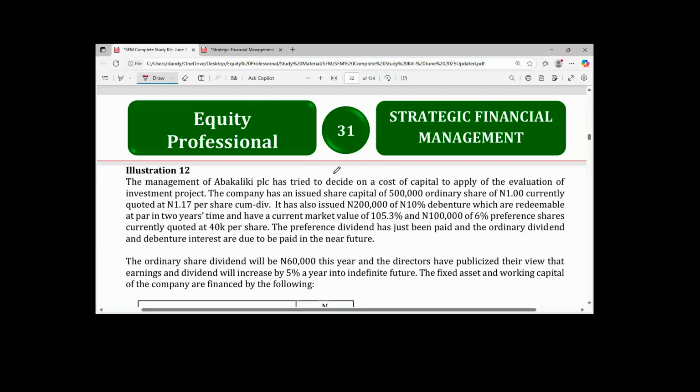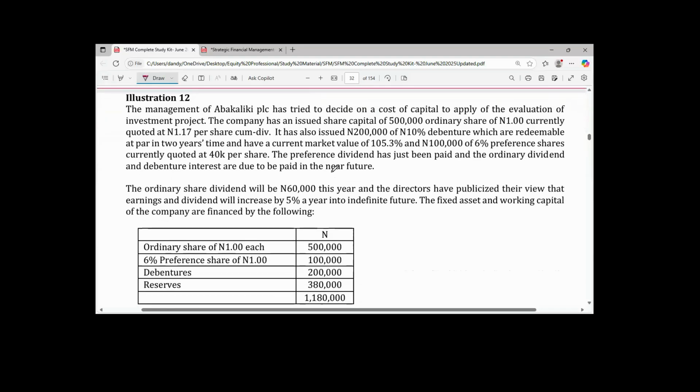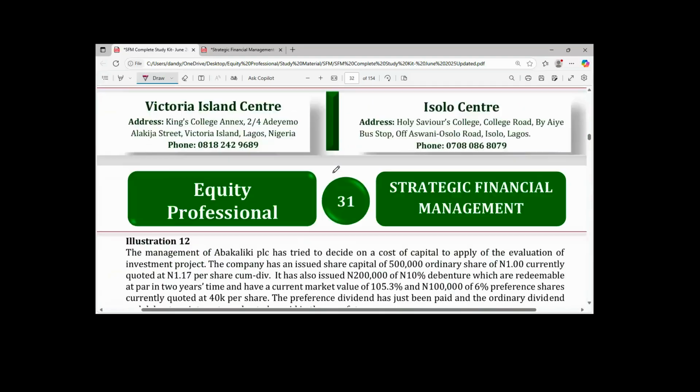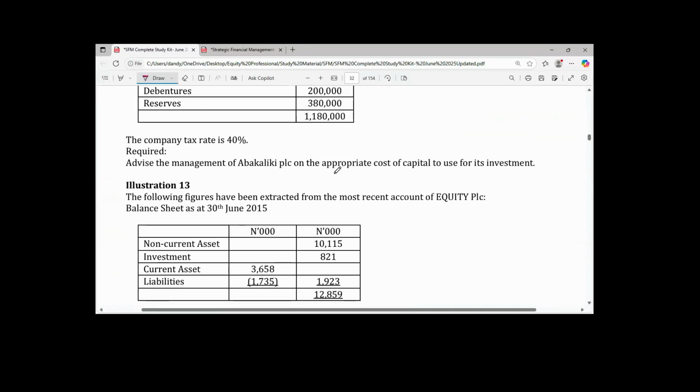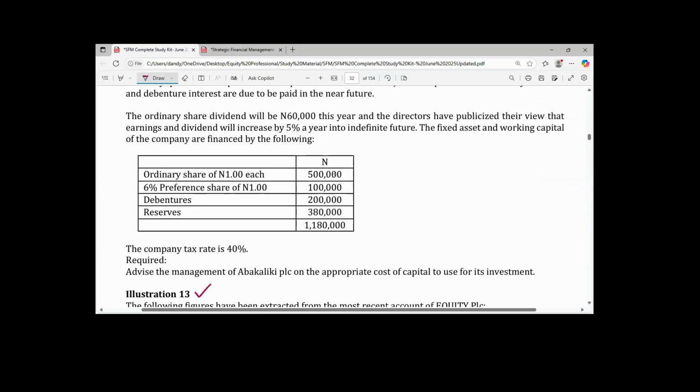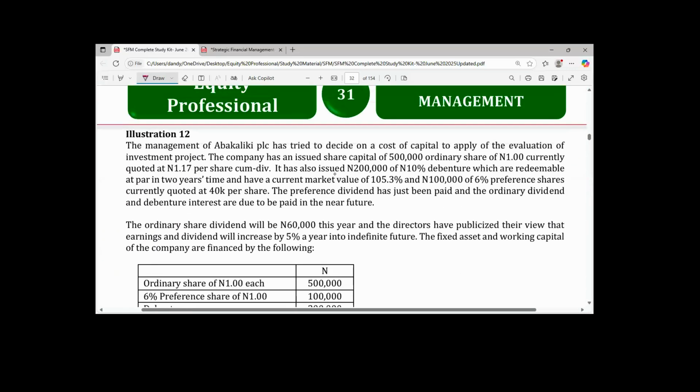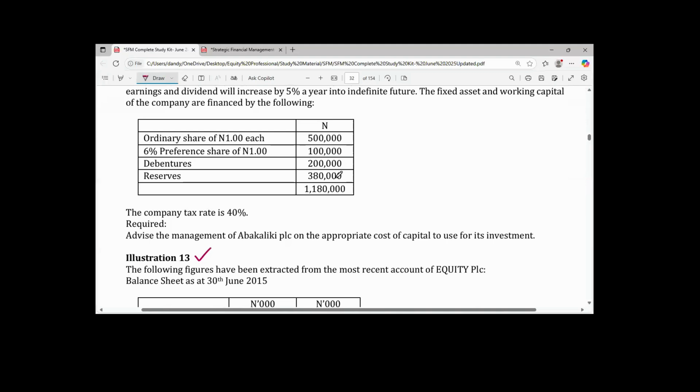So without wasting more time, let's have one more illustration on WACC before we move to another one in the cost of capital. Okay, let me see. I think we have solved this illustration number 13, equity pool. Yeah, we did. All right. This is illustration number 12.